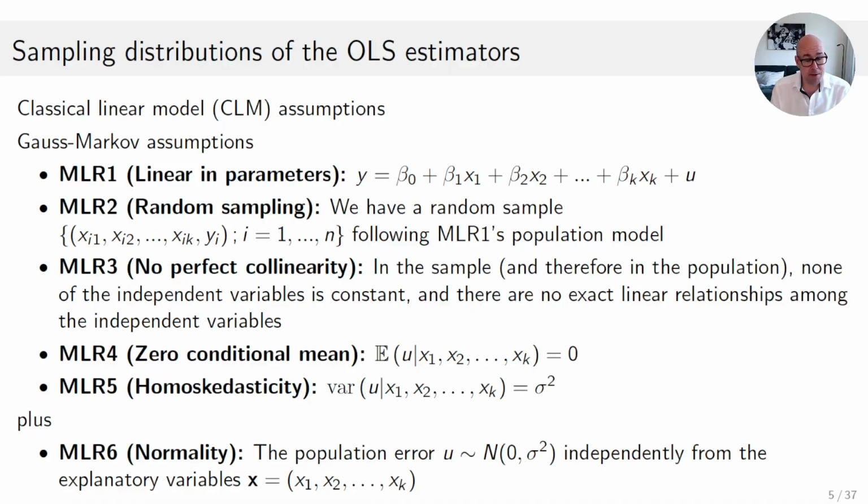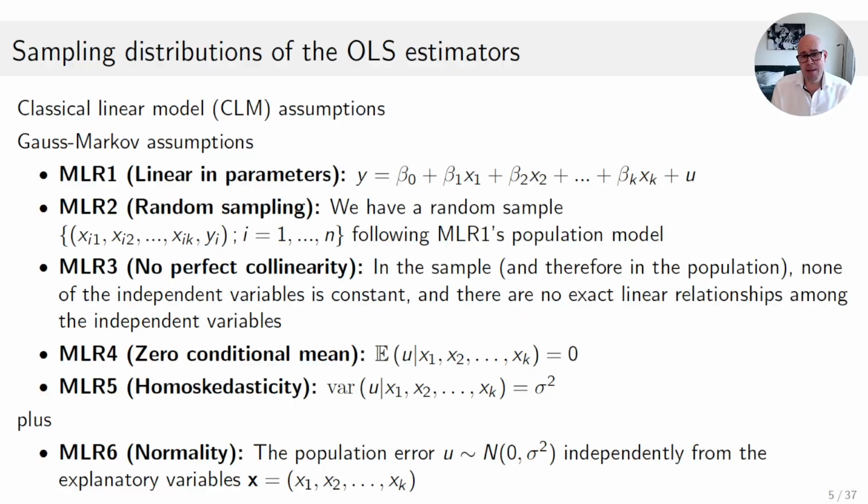And this is something I'm not going to talk about here. I'm just highlighting it. We'll come back to that later. And homoscedasticity. So homoscedasticity is already going a little bit in the direction in which I'm going to go in this video today.